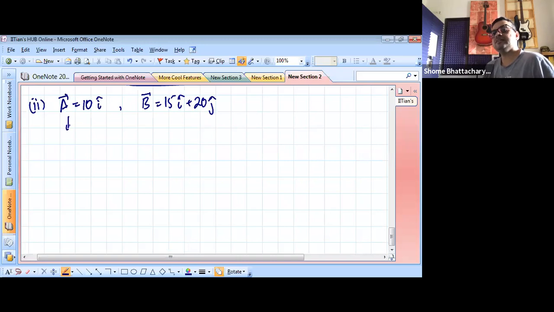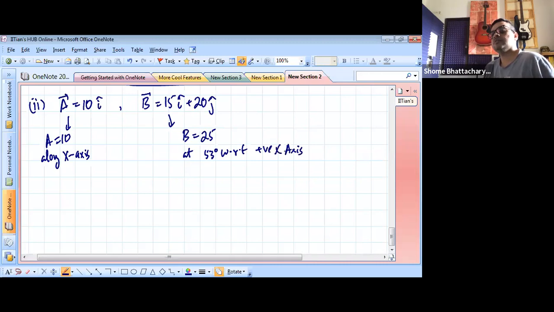You can see that the vector A is of magnitude 10 and along x-axis, the positive x-axis. Similarly, the vector B we can see is of magnitude 25, okay, but at 53 degrees with respect to the positive x-axis. Okay.